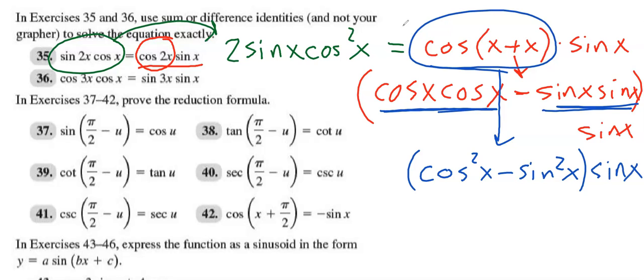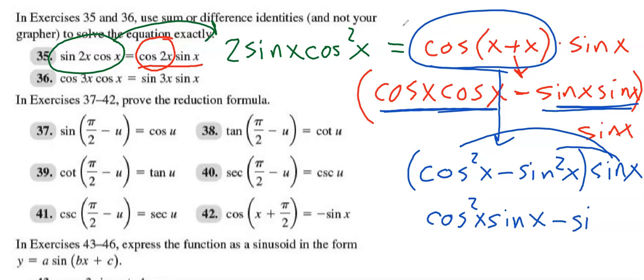And then, of course, this particular problem has an extra sine x on the outside. So, doing our algebra, we'll move that here, and that would be cosine squared x sine x minus what? What do you get when you take sine squared times sine? Sine cubed, good. Sine cubed x.